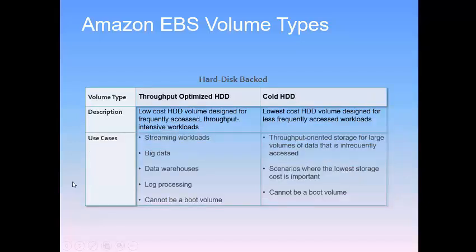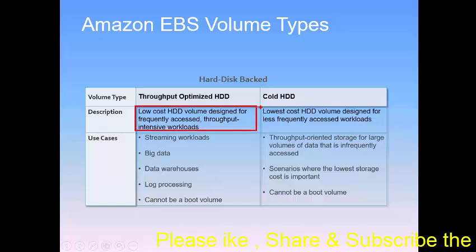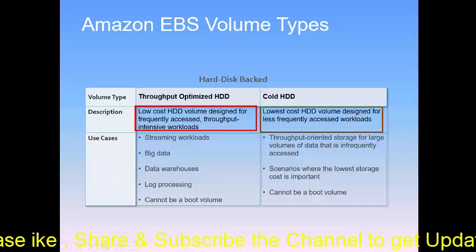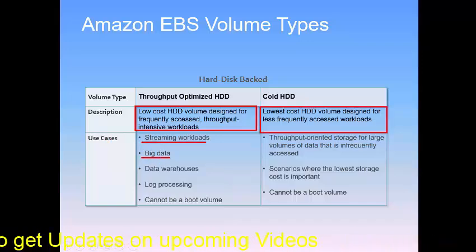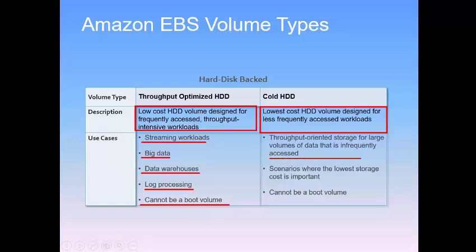Throughput optimized HDD is a low cost volume designed for frequently accessed, throughput intensive workloads. Cold HDD is for less frequently accessed workloads. Where it's used: streaming workloads, big data, data warehouse, low processing, but it cannot be used as a boot volume. Cold HDD is for infrequent access scenarios where the lowest cost is important, where cost matters, and this also cannot be used as a boot volume.